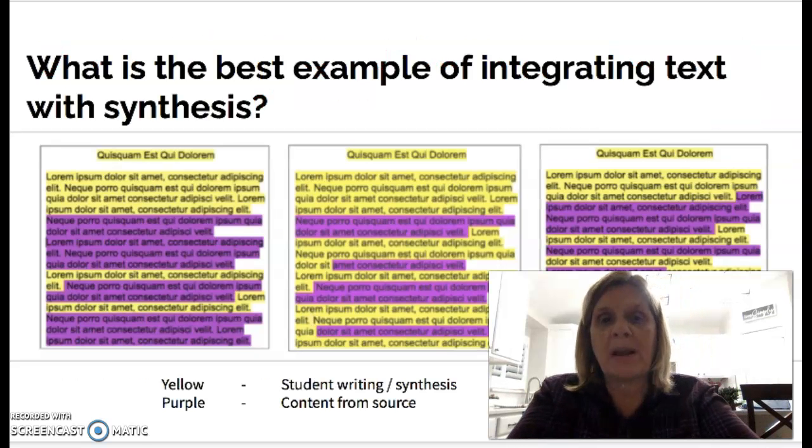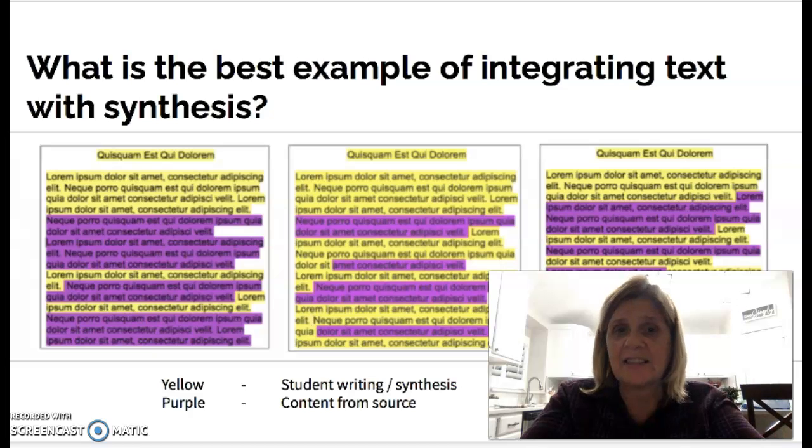Here's a better way of synthesizing text. Even though it's in Latin, the color is what I want you to look at. In these slides, you can see that there are 3 ways to integrate text. Which one is the best way to integrate text? It's certainly the second one, because you can see most of the paragraph is written, the yellow part is written by the student himself or herself.